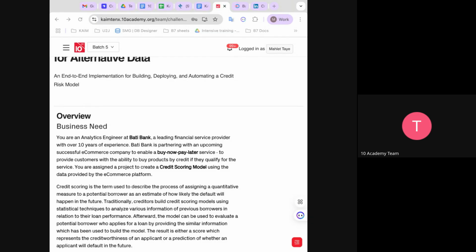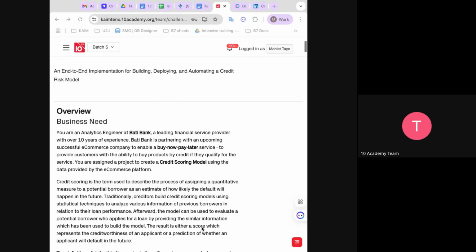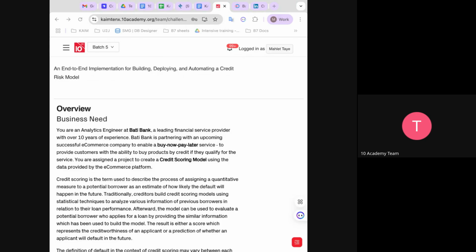So if they didn't return it, that's the default. For the companies, it is always a failure point. So how do credit scorers build these scores? They use statistical techniques to analyze various information of the previous borrowers and its relationship to the loan performance.